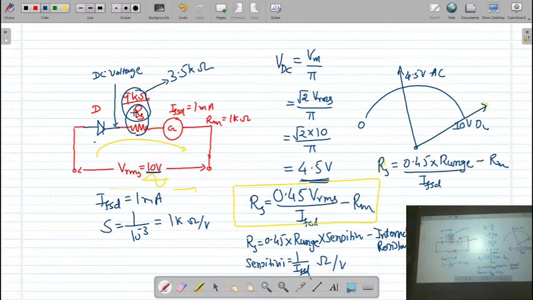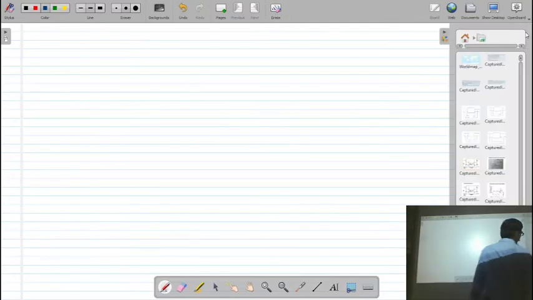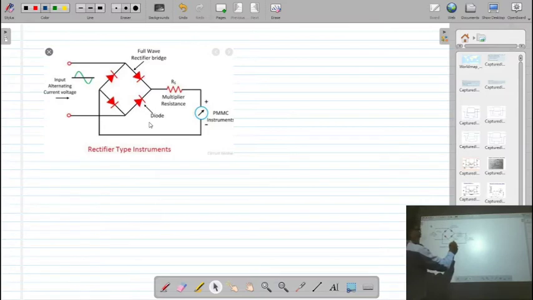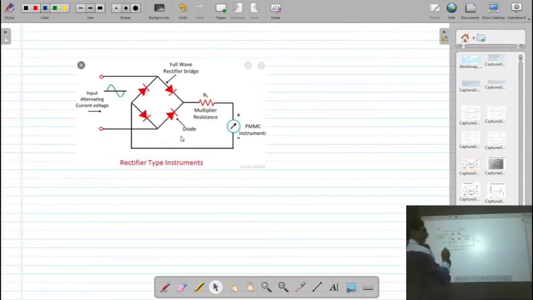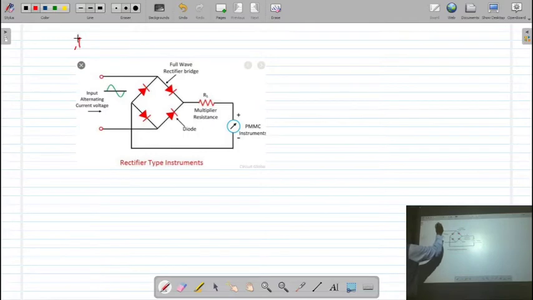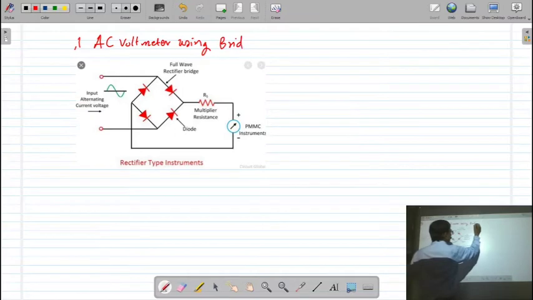So let us see what is the another type of the circuit. So this is an AC voltmeter using bridge rectifier.